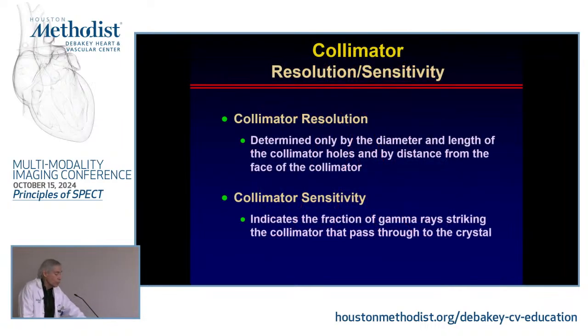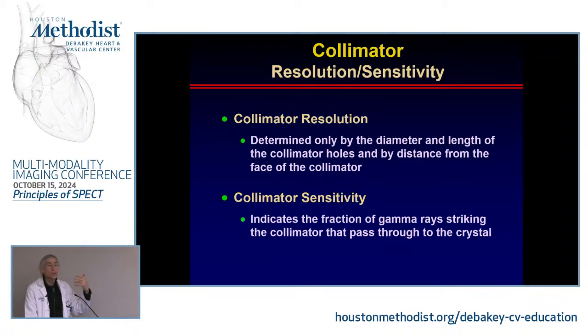So how does that work in terms of collimation? Collimators are designed so that the diameter and length of the collimator holes determine the spatial resolution of the system. You also have the issue of sensitivity, which looks at how many photons can actually get through the lead collimator and hit the crystal.